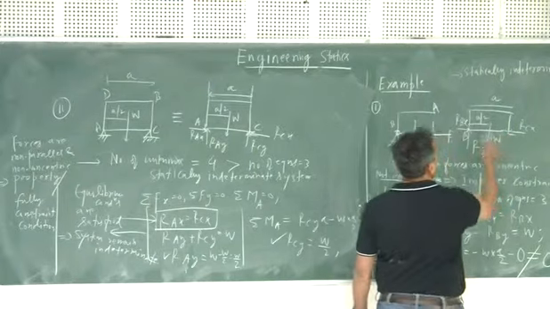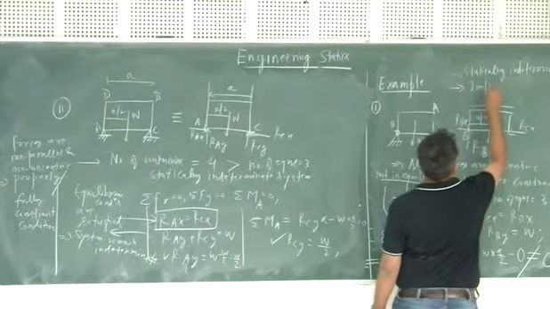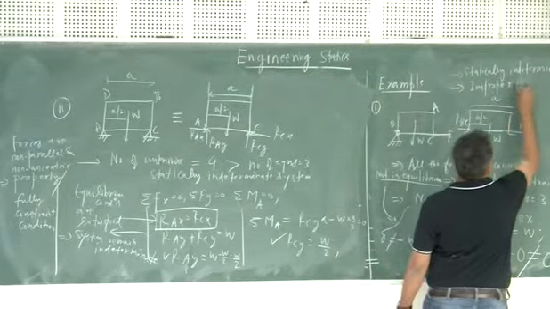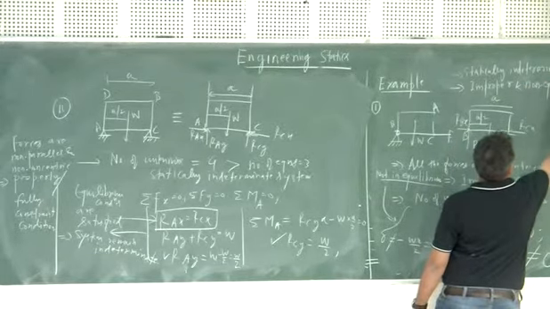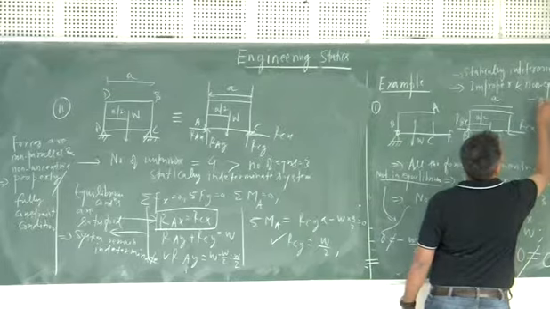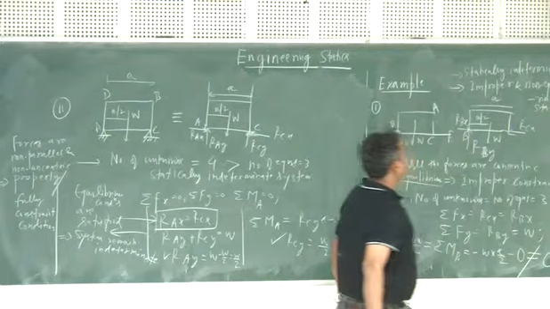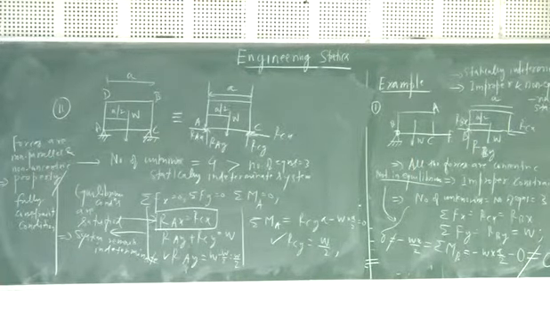Then if you are having three unknowns, system is not under control. So this discussion on reactions or support and equilibrium.